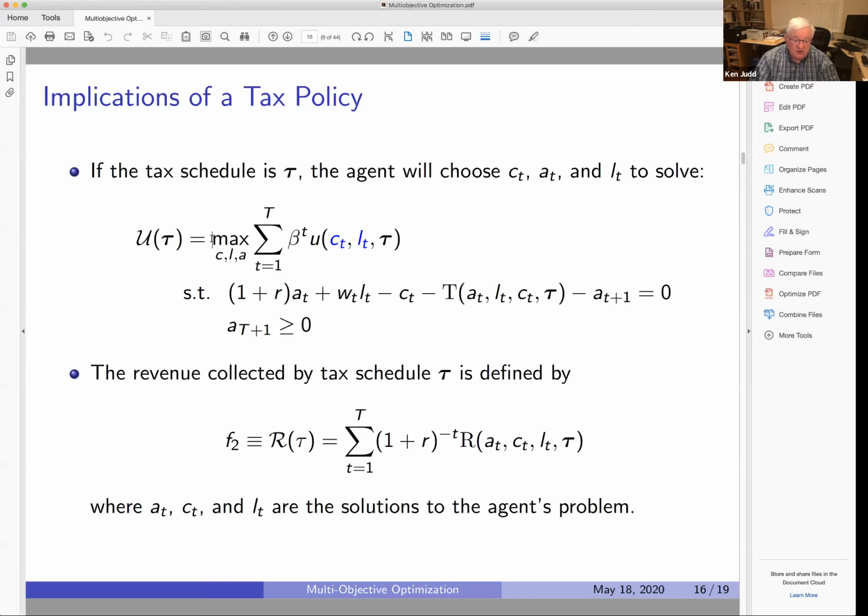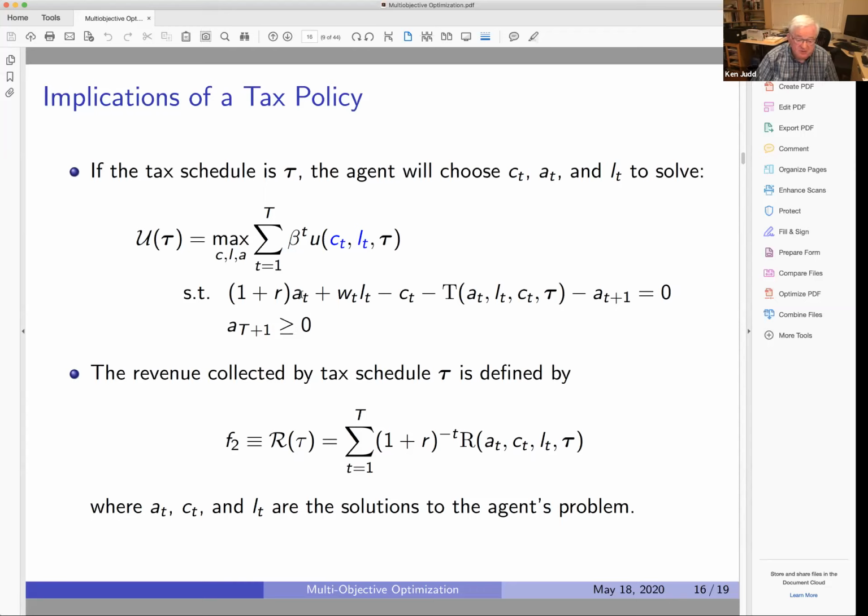Now, the consumer's choices will be represented as the solution to this optimization problem. You maximize present value of utilities subject to the budget constraint. And this is just the budget constraint, where A_t is the assets at the beginning of a period. And then these are the constraints: when you die, you can't die until you've paid off all your debts.